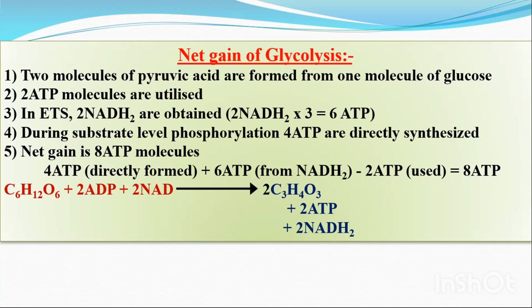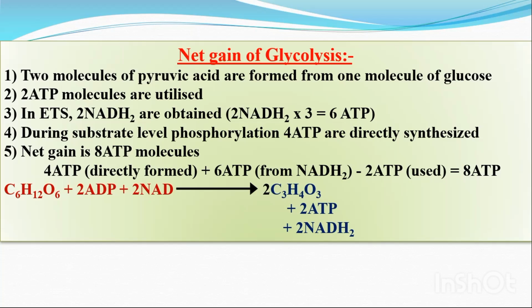Out of that 10, 2 are utilized for phosphorylation of glucose and fructose 6 phosphate, so that 2 ATP will be subtracted. So the net gain will be 8 ATP molecules. Actually they are 10, but 2 are used, so it will be 8 ATP net.